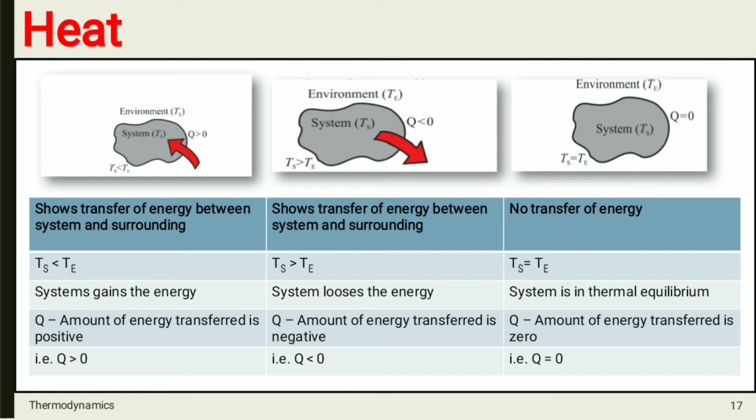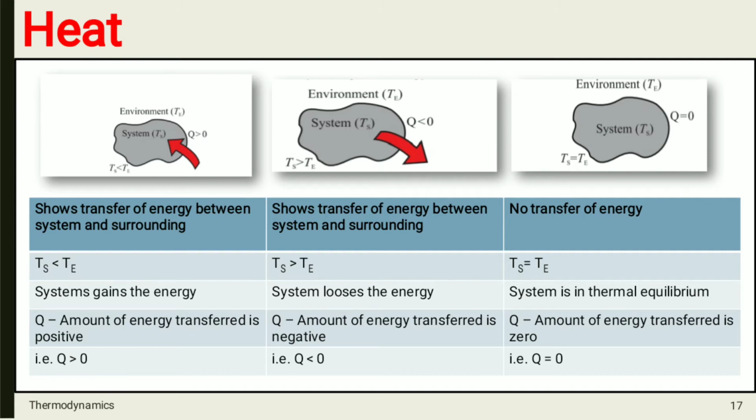So, in such a case, there will not be any transfer of energy from system to the environment or from environment to the system, which we have studied in the thermal equilibrium part. So, in this case, amount of energy transferred is equal to 0, that is Q is equal to 0.